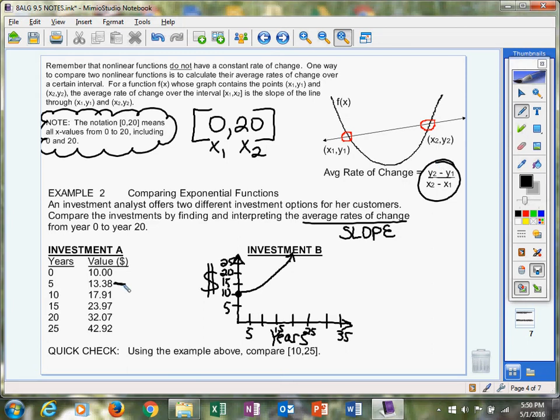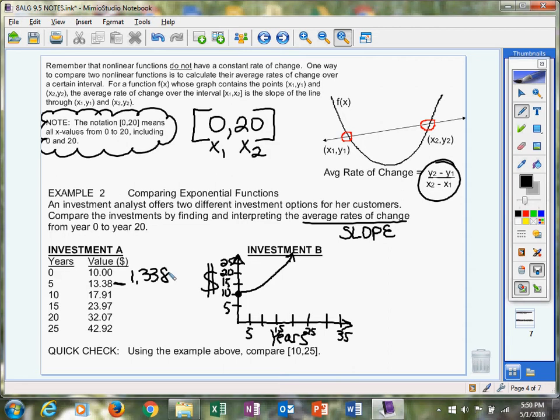13.38 divided by 10. And so I've got 1.338, and then do 17.91 divided by 13.38. Pretty close, the same thing. 23.97 divided by 17.91.